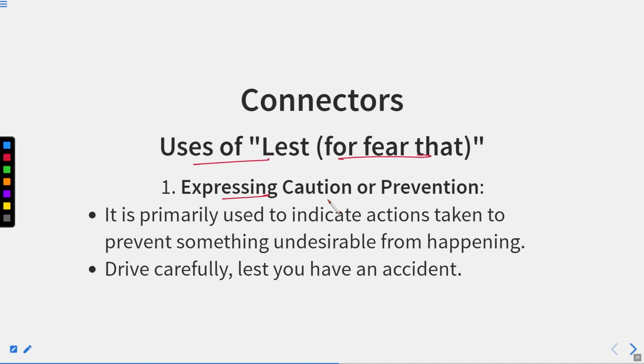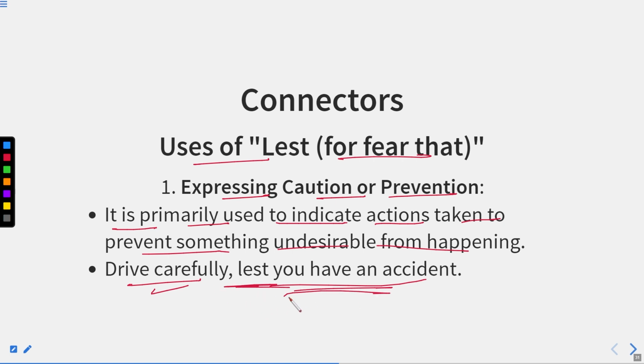Uses of lest for fear that. First of all, it expresses caution or prevention. It is primarily used to indicate actions taken to prevent something undesirable from happening. "Drive carefully lest you have an accident." Here they are warning someone to drive carefully. This is an imperative followed by a clause following the word lest, and lest provides the fear that you have an accident.